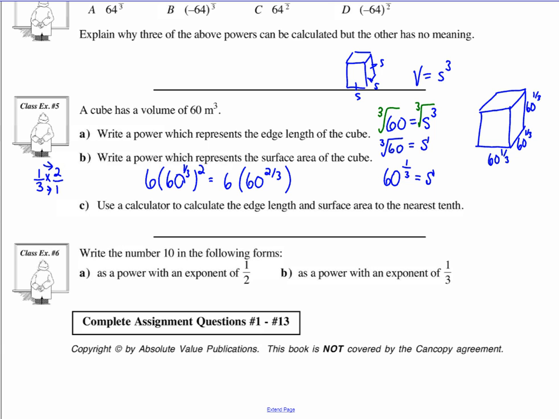Do you want to type them in? Let's type them in. So the edge length, I want you to type in 60 to the power of 1/3. Figure out what that is to the nearest tenth.